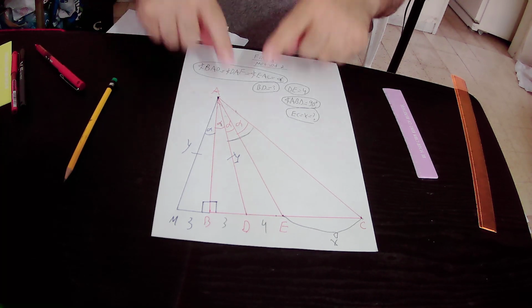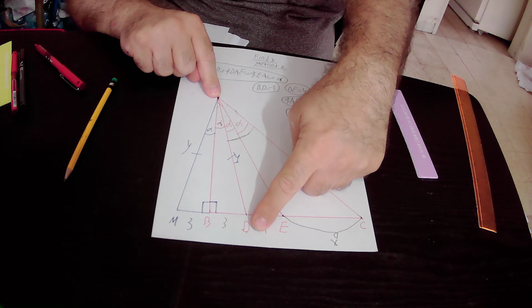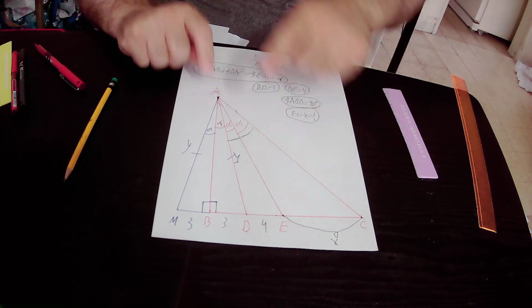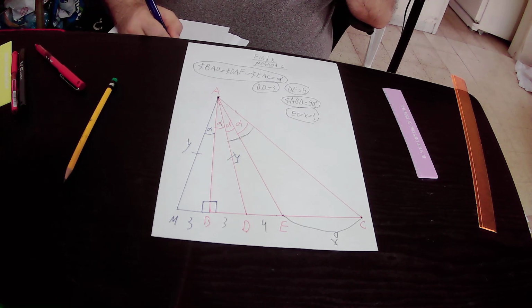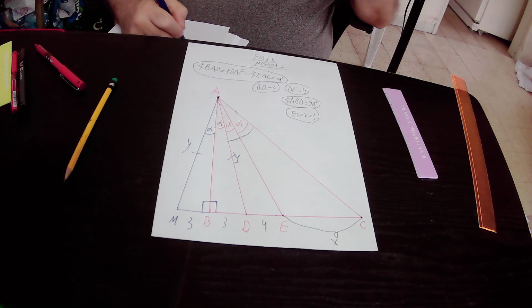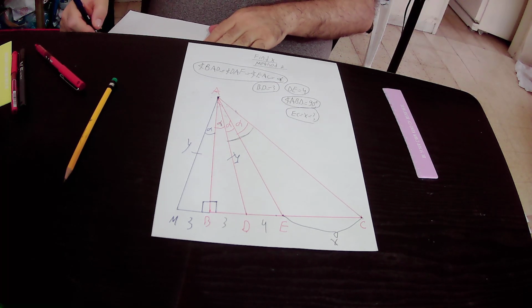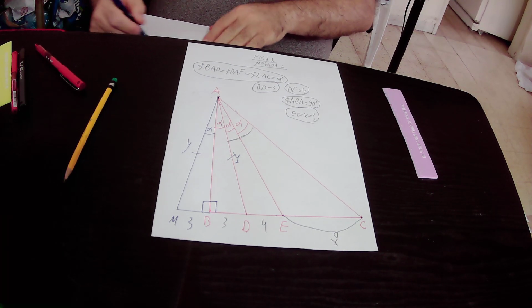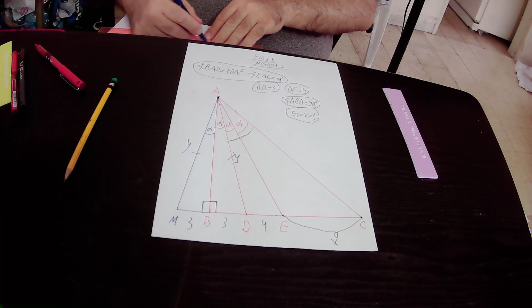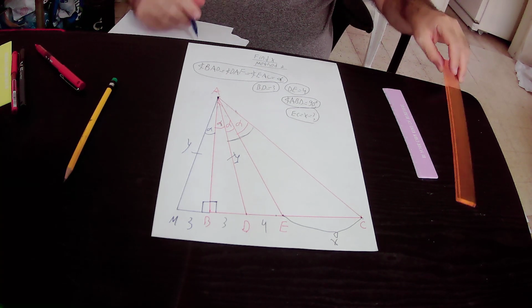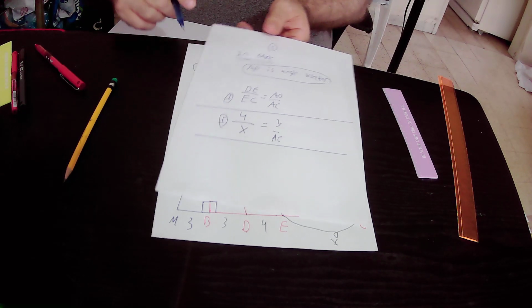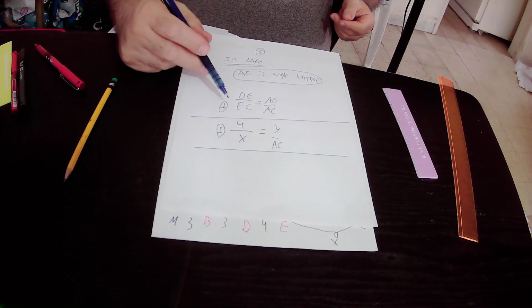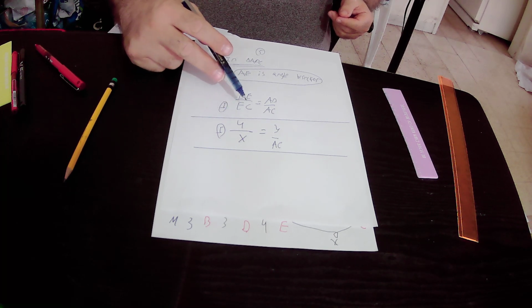What is the value of AD? The value of AD equals Y. So in total we got this equality: 4 over X equals Y over AC.